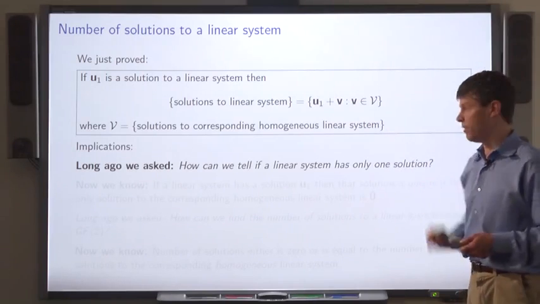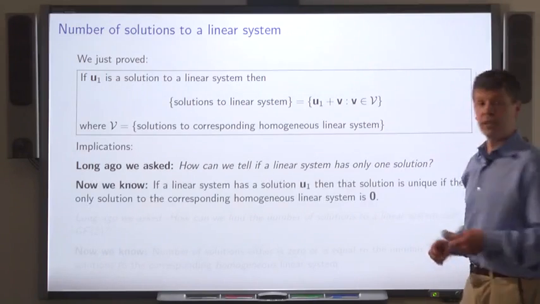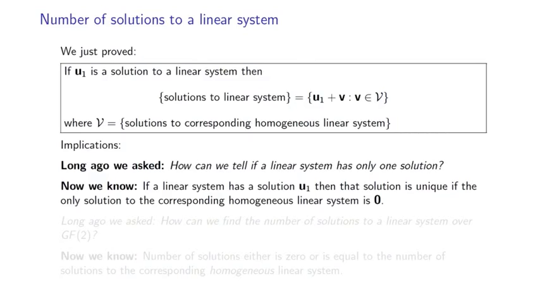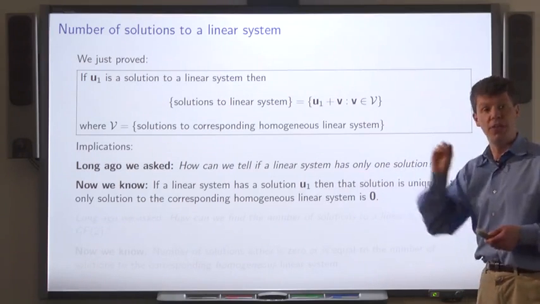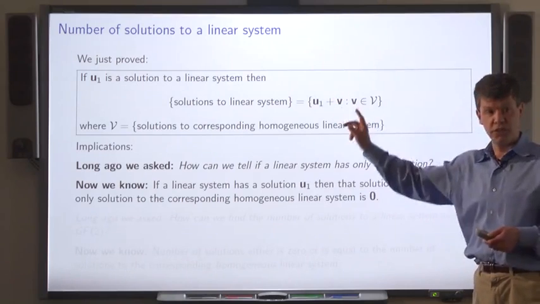Well, this gives us a hint. If a linear system has a solution, u1, then that solution is unique if and only if the set of solutions to the homogeneous linear system consists of just one solution. And we know that the homogeneous linear system always contains the zero vector as a solution. So that must be the only solution to the homogeneous linear system for u1 to be the unique solution to the original linear system.